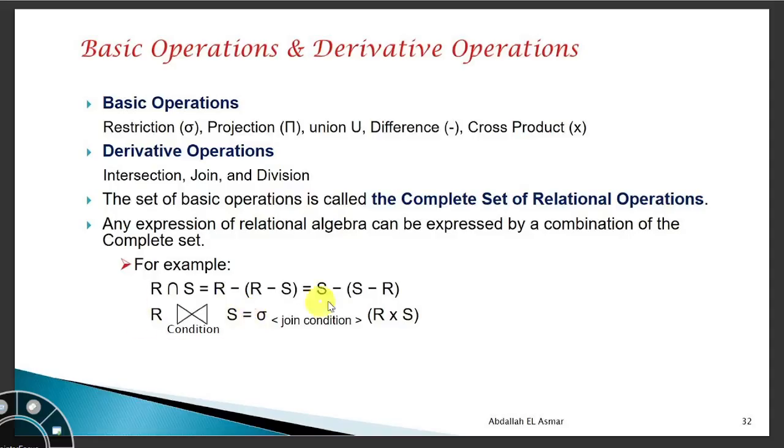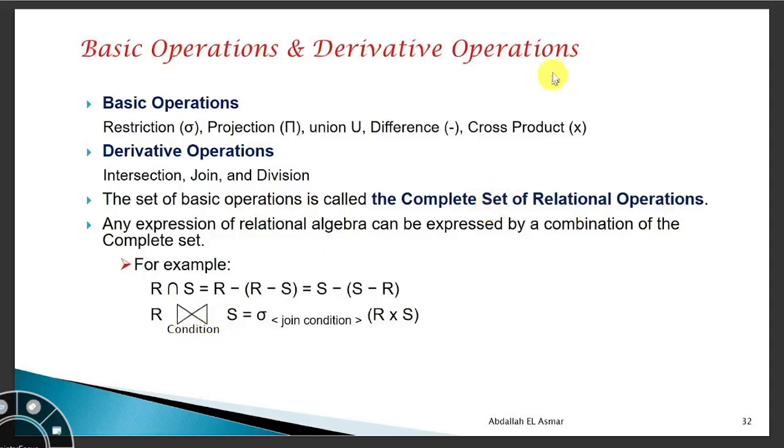This is very important here. So the join R join S based on condition is equal to selection using this condition on R cross S. As we said before, the join is first you do a cross product, then you use selection using this join condition.